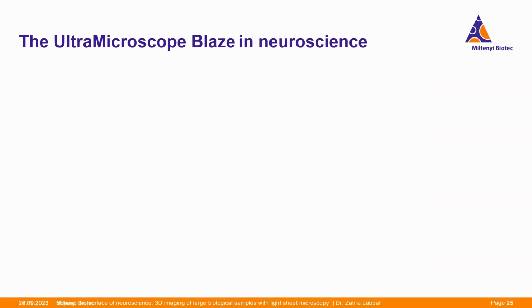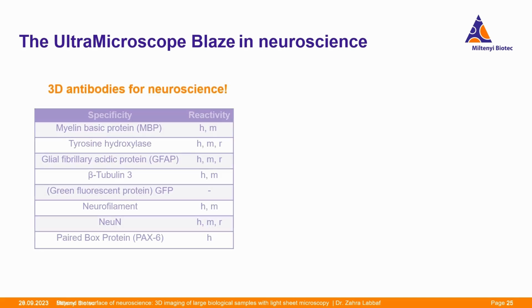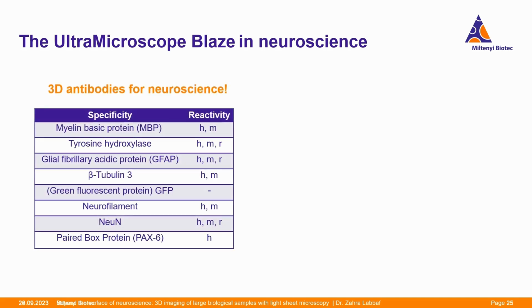At Miltenyi Biotec, we have tools which help with light-sheet imaging in neuroscience and preparing brain samples for 3D imaging. On one hand, we have a novel antibody portfolio for neuroscience, such as antibodies against the myelin basic protein or tyrosine hydroxylase. These antibodies are validated for 3D immunofluorescence.